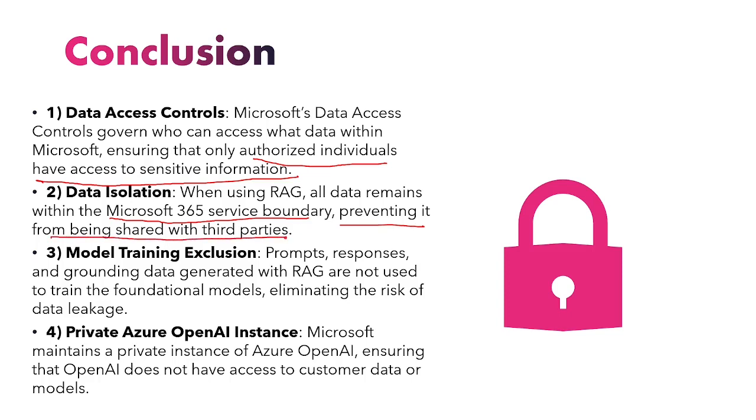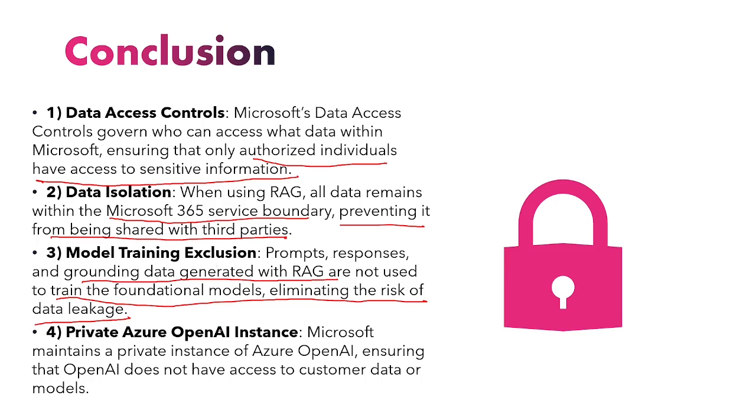Talking about model training exclusion, and this is a very important point: prompts, responses, and grounding data generated with RAG are not used to train the foundational models, eliminating the risk of data leakage. And this point we just verified from all the explanation that I gave you in part 1, part 2, and part 3 of this video.